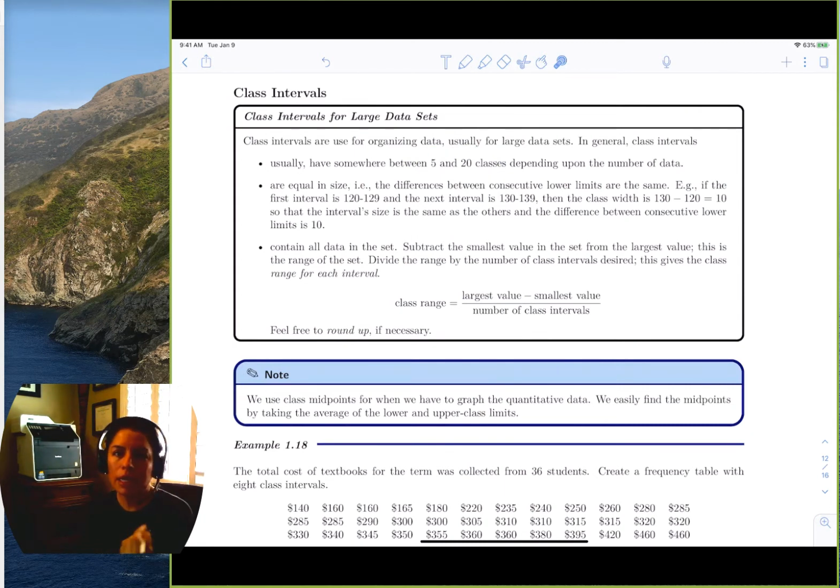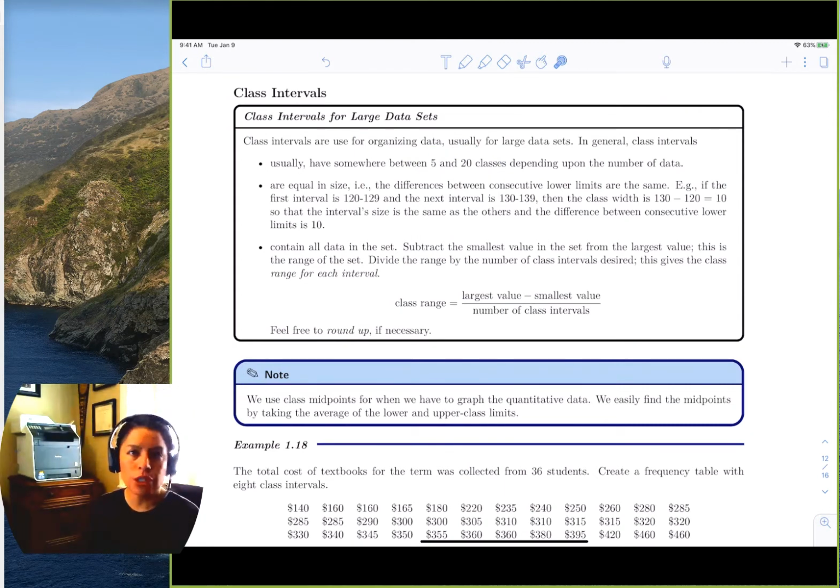Since this is an introduction class, usually we will tell you how many classes, but when you get to higher level statistics and a research methods course, you're going to have to decide that for yourself based on your research. The other most important part is every class is of equal size.